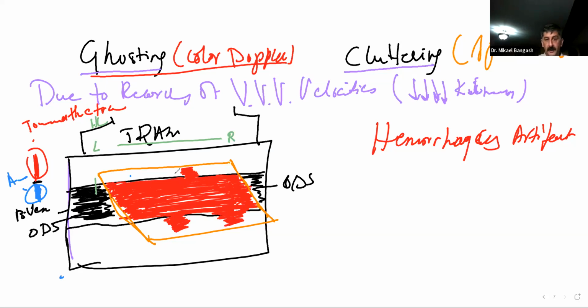So in this whole thing here, we can see this here, and this here, for instance, and this here. In this instance we call it ghosting, because of what we see on a color Doppler. It mimics or looks as if the blood vessel is bleeding.